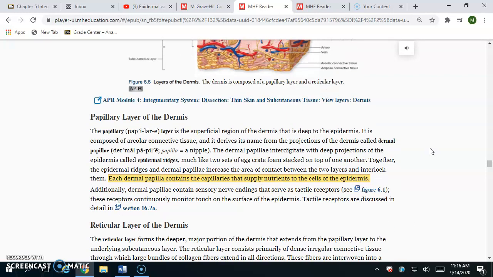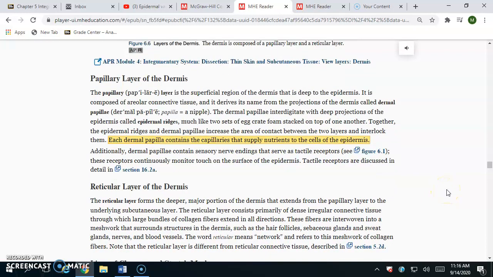We do have different layers in the dermis, like the papillary layer and the reticular layer. I don't feel like that's real important to know, so I don't ask questions about those layers. I just have you know the dermis is made up of primarily areolar connective tissue and also the dense irregular connective tissue.